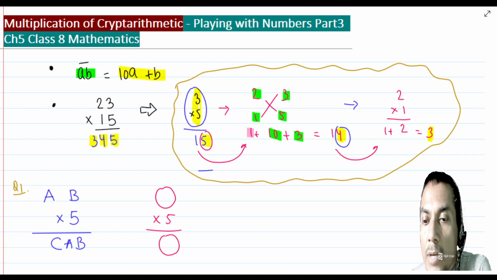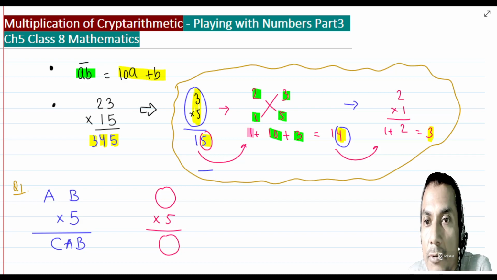For 3, 3 into 5 is 15, unit place is 5, not possible, because this round shape means the same value has to be filled. 4 also is not possible, because 4 into 5 is 20.